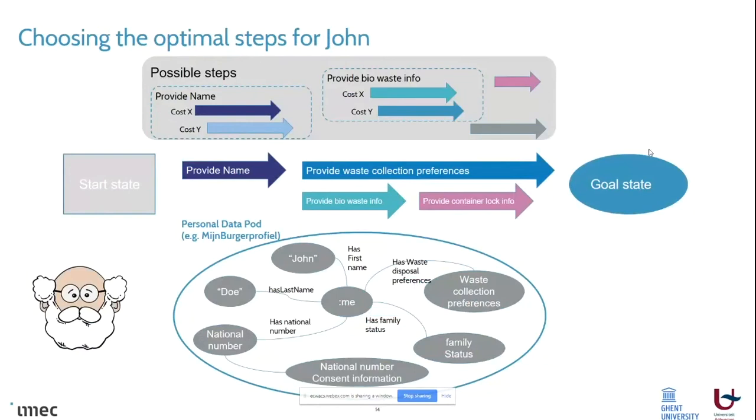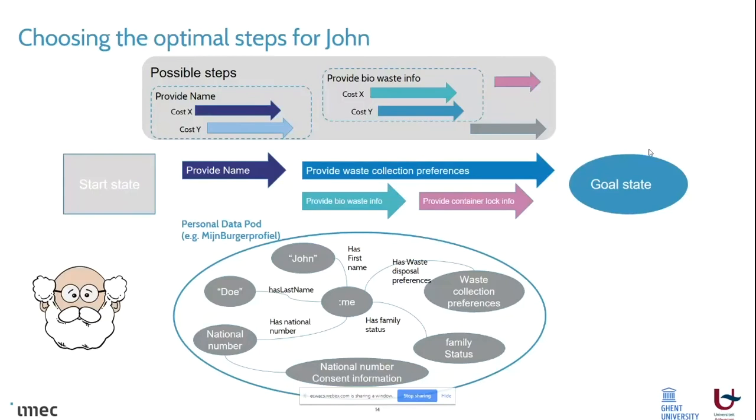We are really looking into steps more from a state transition point of view. So we start from a start state where we have certain information about John or don't have it. And then each step provides information or changes something in the state, so we end up in a new state. And by having a series of these steps, we hopefully end up in our goal state, which we wanted to reach.